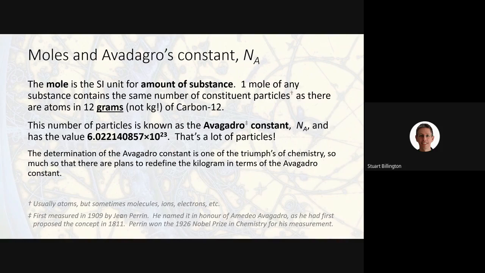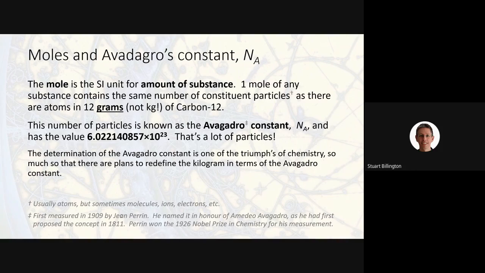It's got its place at the top table. It's a fundamental unit of science. So give it the status it deserves. And it is literally a count. You count up your objects, and if you have a certain number of them, we say you have 1 mole.